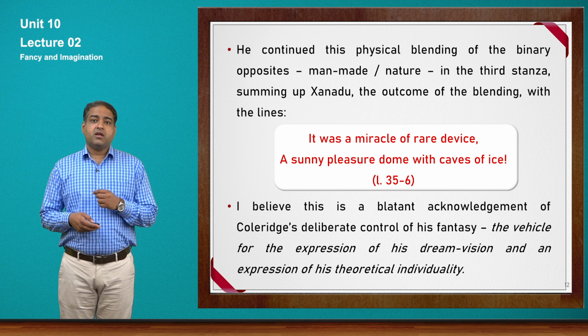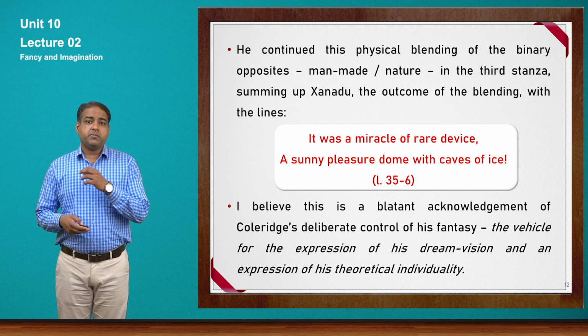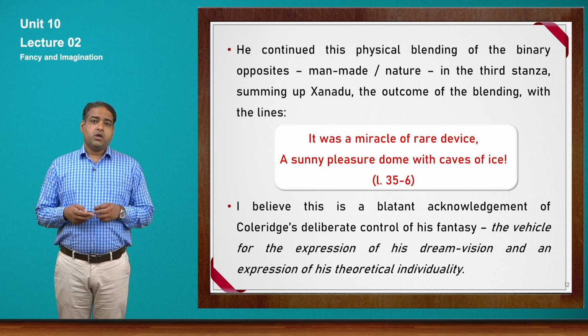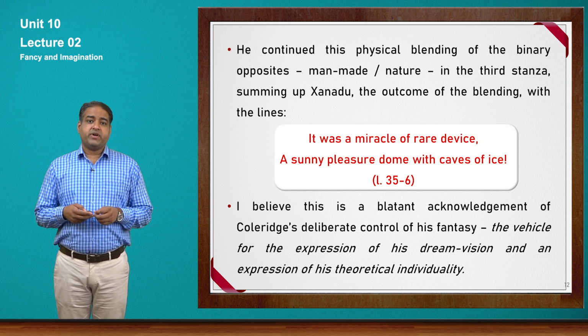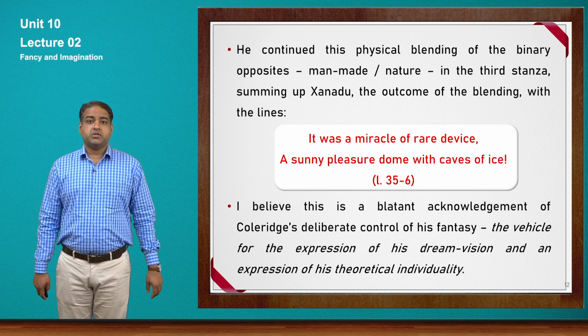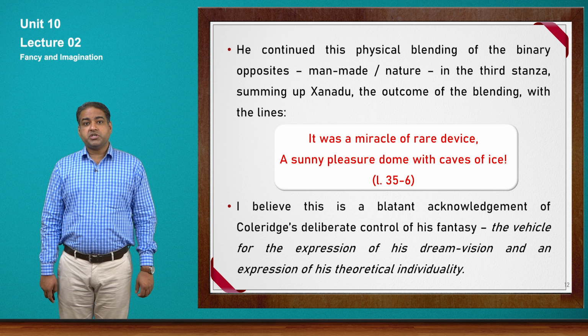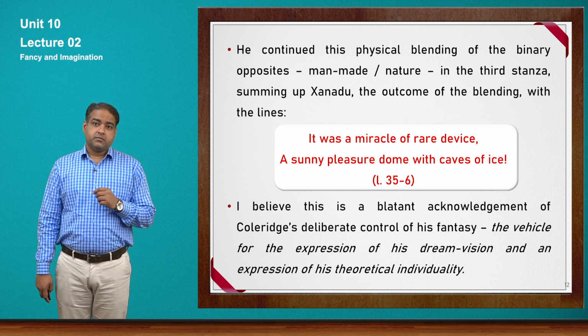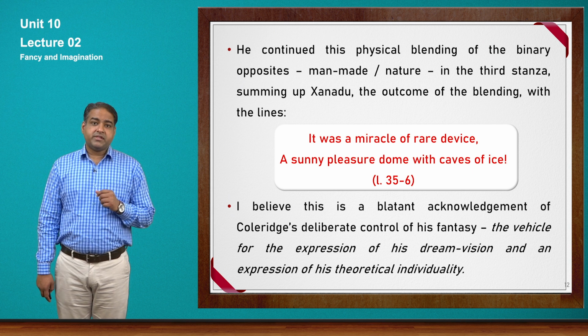And this blending of man-made with nature is visible in these lines from the poem, and I quote, "It was a miracle of rare device, a sunny pleasure dome with caves of ice." So, there is binary opposition. If the weather is sunny, then how can ice remain in the caves?